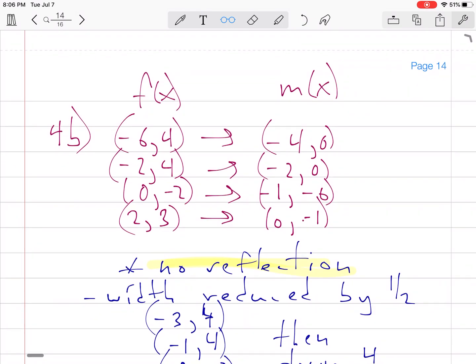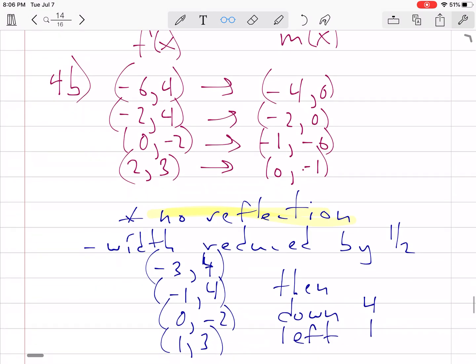What you can do then is take all the x values and divide them by 2. After you do that, you can see that all the y values are a decrease of 4.